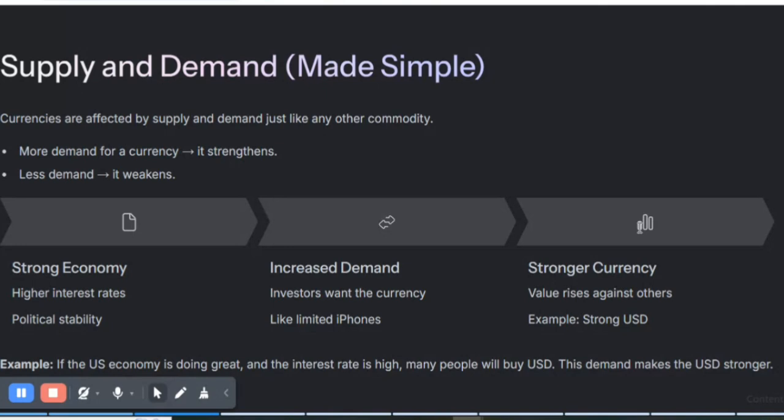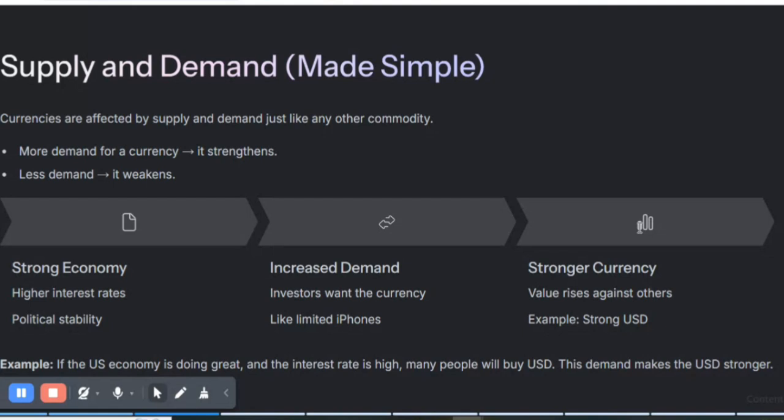For instance, let's say the interest rate in Nigeria is increased, and the economy itself is stable. What that will do is attract investors, right? Many investors will want to buy naira to invest in the country, right? So they want to buy naira to invest.